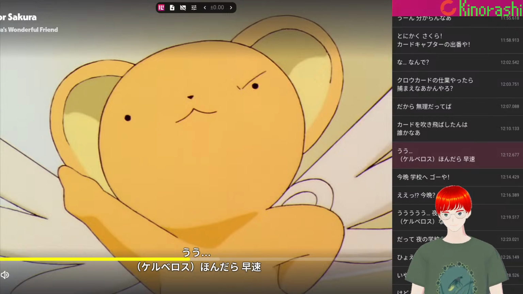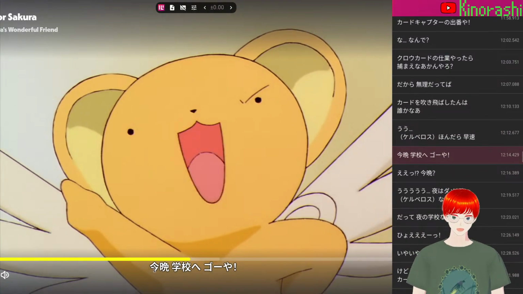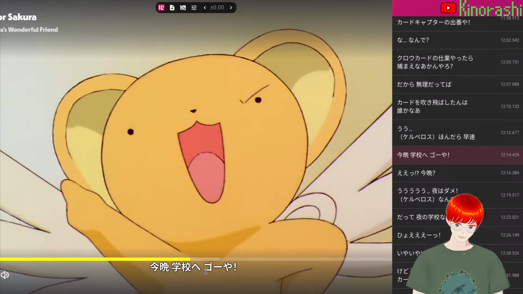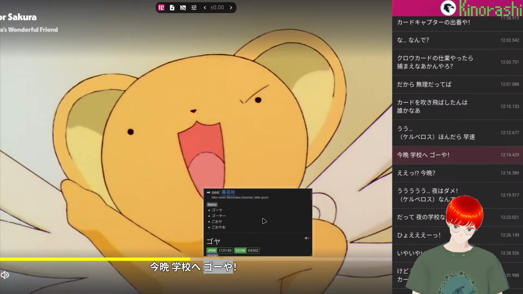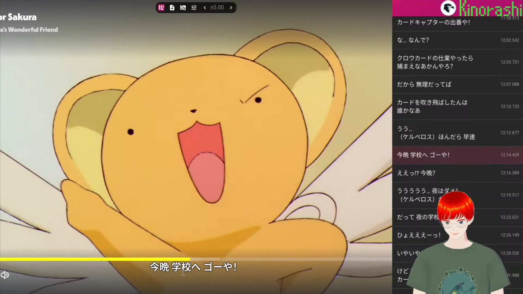Okay, so if that's the case, quickly and then. ほんだら早速今晩学校へゴーや。Oh, konban, tonight. Gakko e goya. I think this is a Kansai thing again. So quickly.